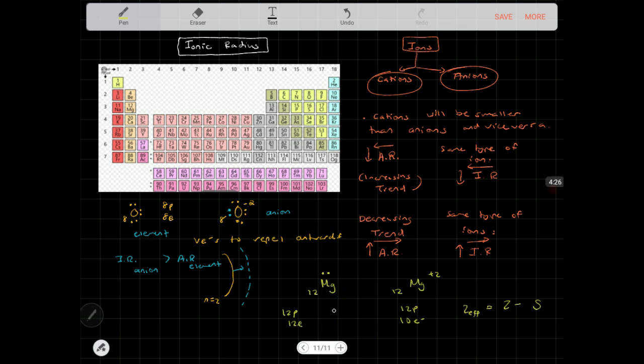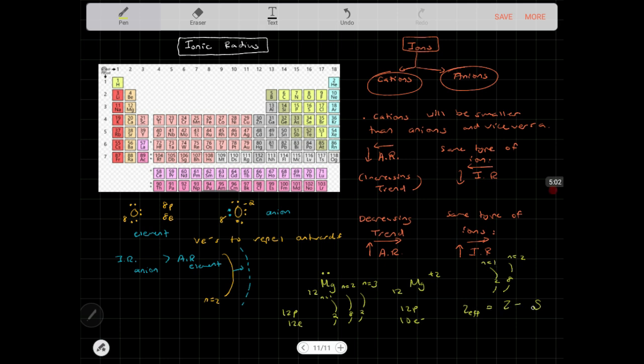Now for magnesium itself, in the first shell you should have 2, the second shell you should have 8, the third shell you should have 2, right? So this is n is equal to 1, n is equal to 2, n is equal to 3. Okay, so now what you have here is you have 10 electrons for shielding, right? But because you have the 2 electrons here, there's going to basically be more electron repulsion here versus in this case where you're going to have 2 electrons in the first shell, 8 electrons in the second shell, right?